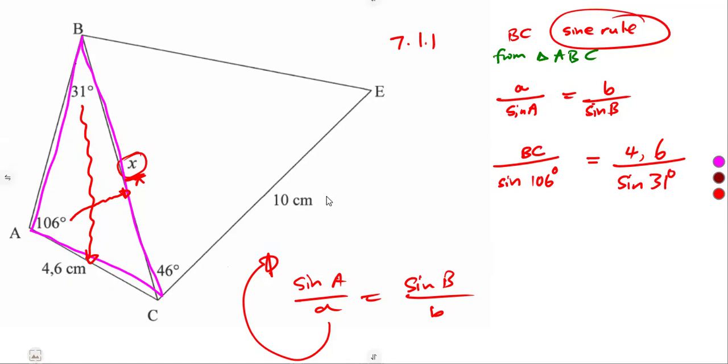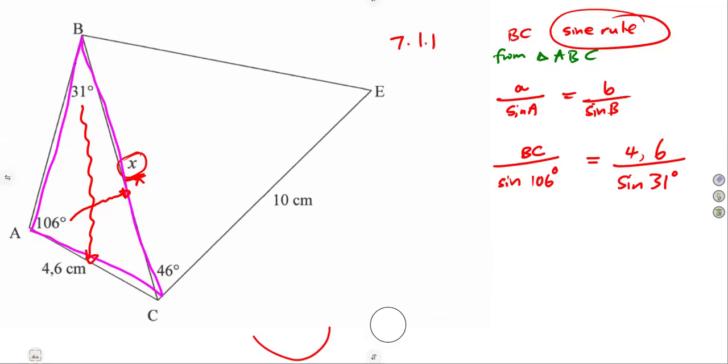Just like that. So even if we were to use the part where the sines of the angles are on top, still we're going to have the same answer. It is only best to have what you are calculating on top.